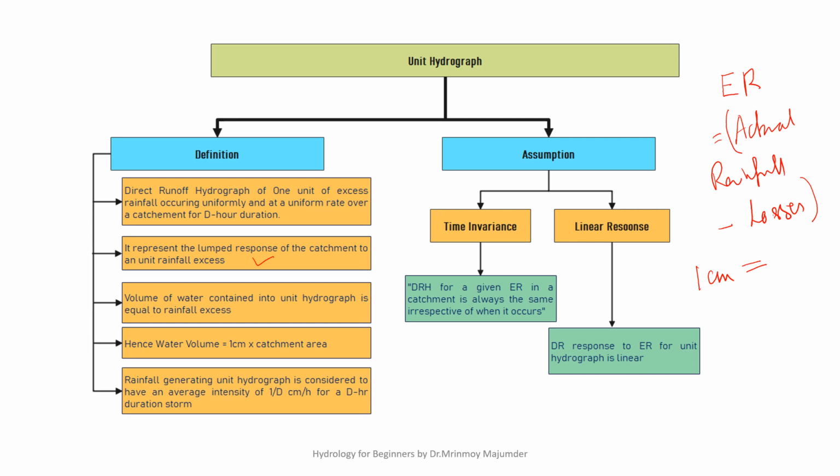And it is also assumed that rainfall generating unit hydrograph is considered to have an average intensity of 1 by d centimeter per hour for a d-hour duration storm. Now, this duration of storm is very important.